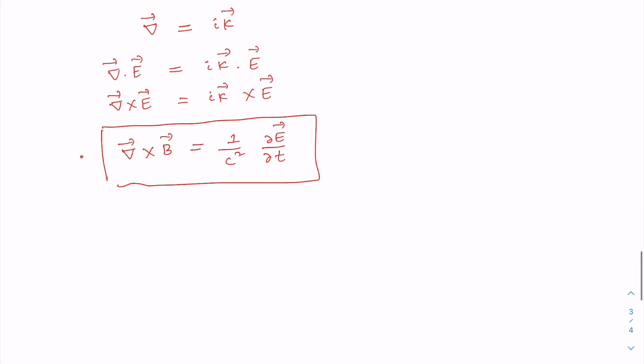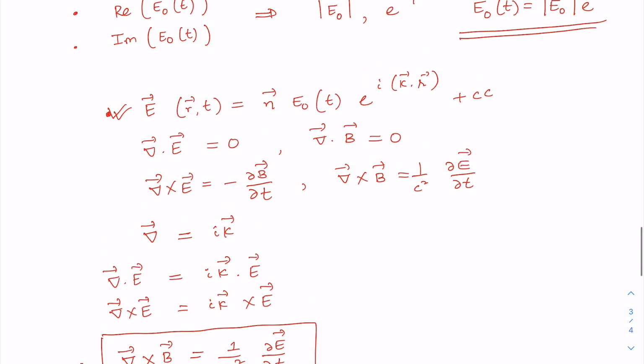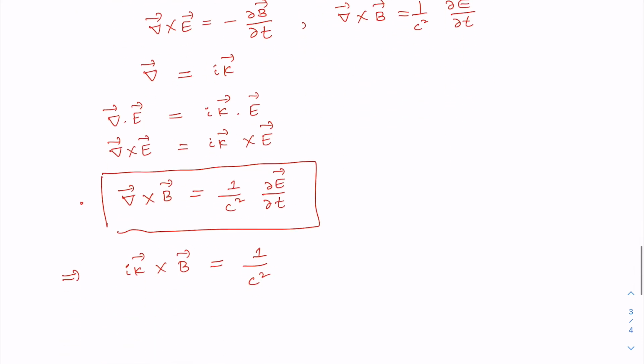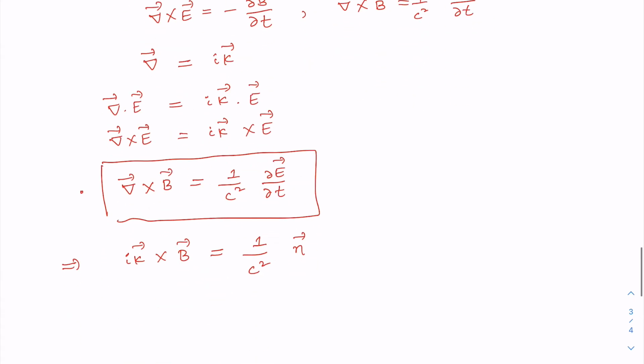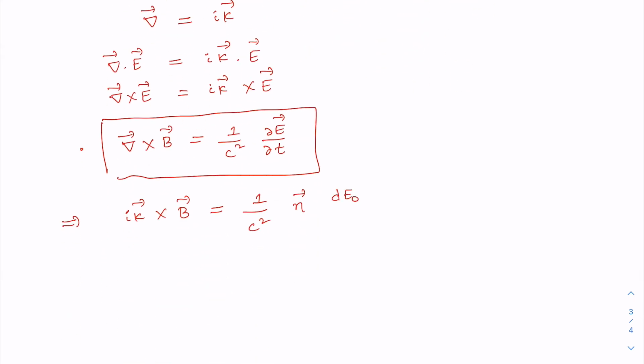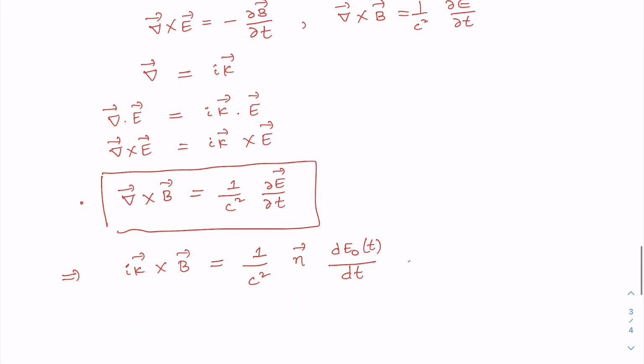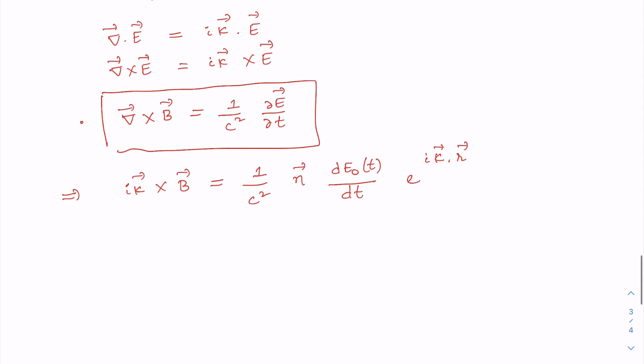So if I do that, I can replace del by ik, and that would be B, and we will have 1 by c square. If I take the time derivative of this electric field, then I will get eta vector here, and dE0 dt, and then I have e to the power i k dot r. I'm not writing the complex conjugate part because B also is accompanied by a complex conjugate.